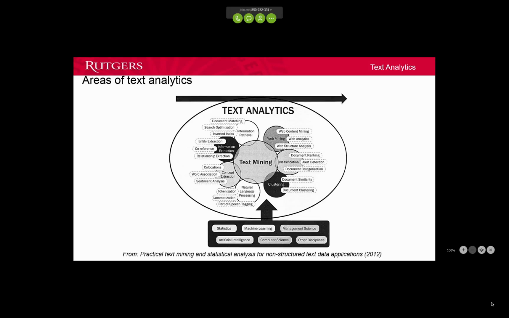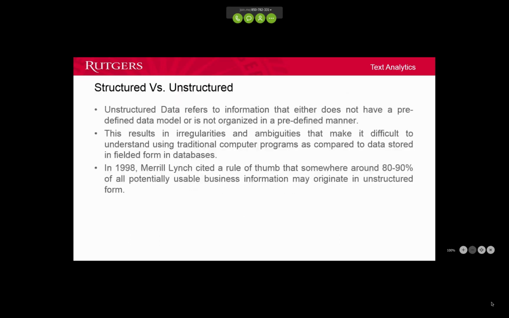There's this idea, and this was almost 20 years ago now, that Merrill Lynch said somewhere around 80 to 90% of possible usable business data is unstructured. So it makes it important for us to try and access this information.